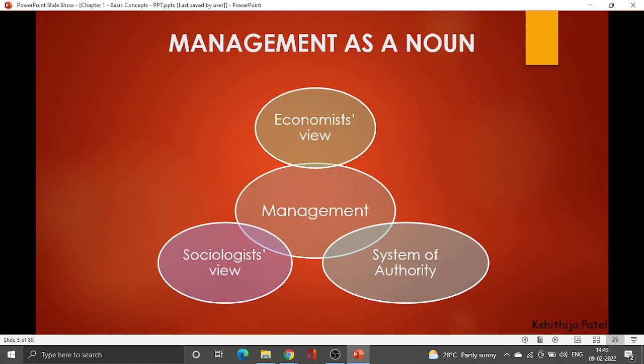Now, what you can see on the slide is that you have the view of the economists, you have the view of sociologists, and you have it as a system of authority. When management is viewed by economists, they view management as a factor of production.